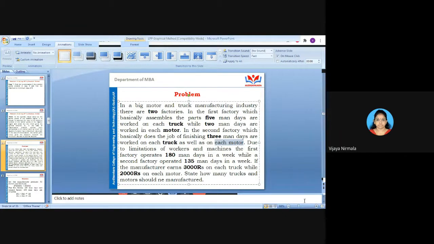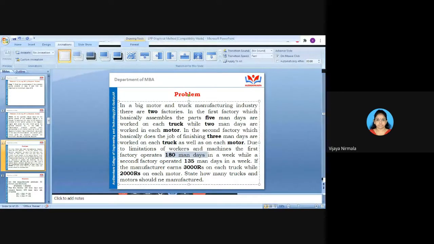For each truck and motor, it takes 3 man days each. That is 3 days for truck, 3 days for motor. So due to limitation of workers and machines, the first factory operates 180 man days in a week.